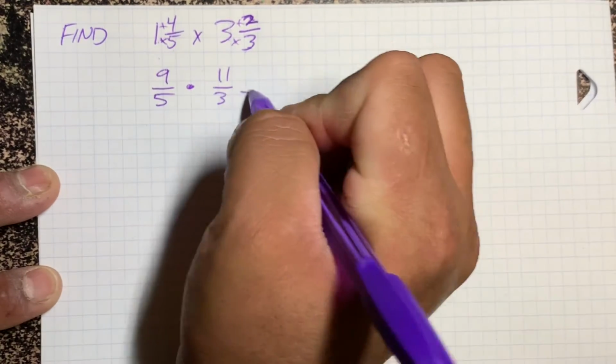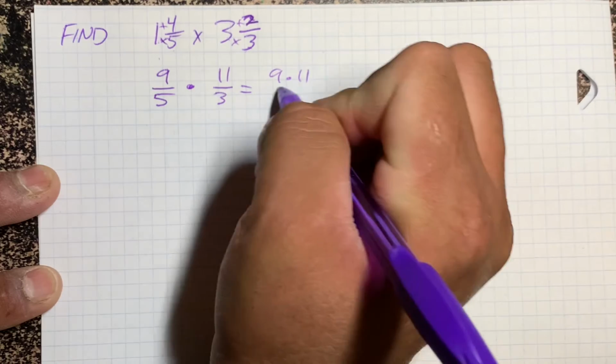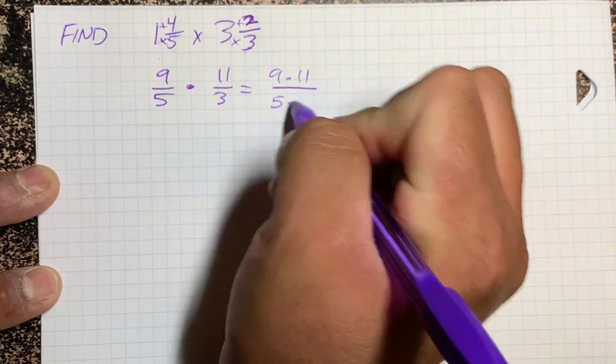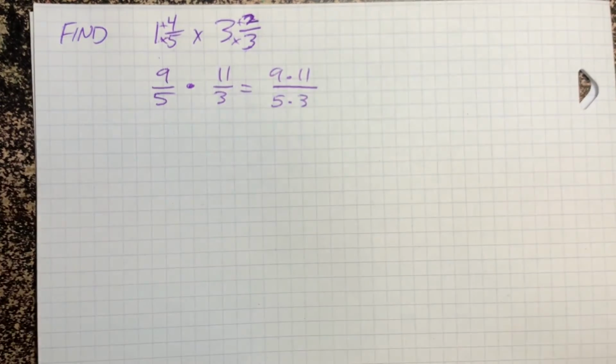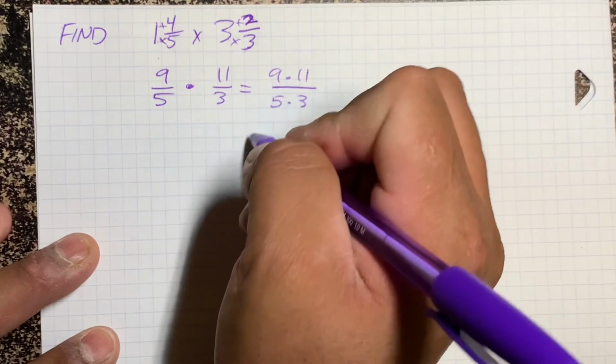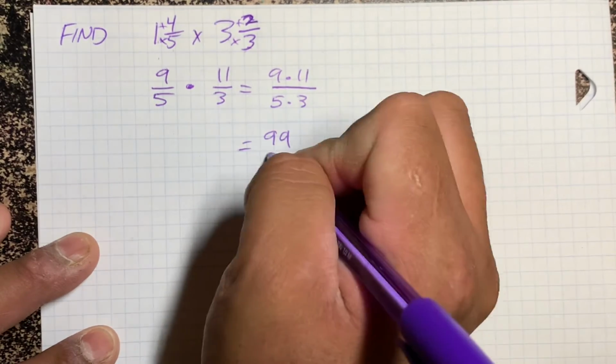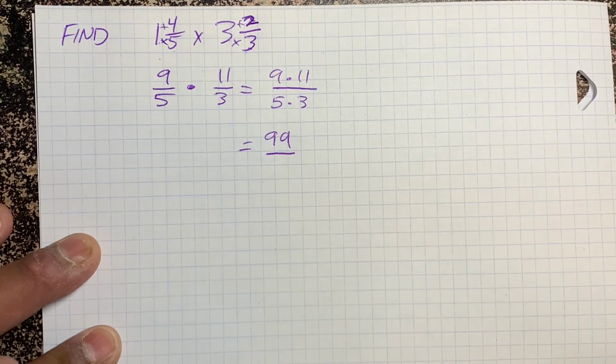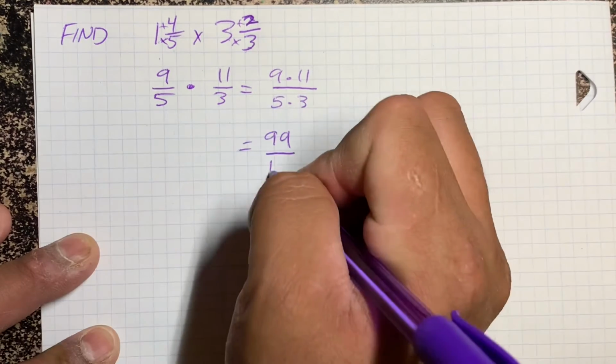Then you can multiply your numerators, 9 times 11, and also your denominators, 5 times 3. We know that 9 times 11 would be 99, and 5 times 3 would be 15.